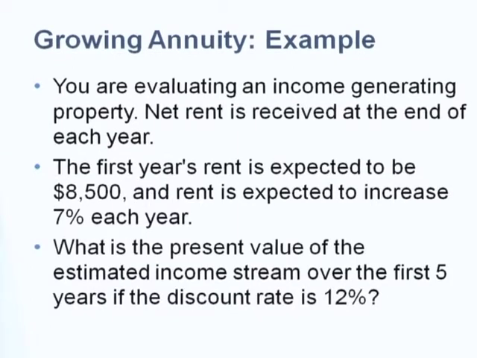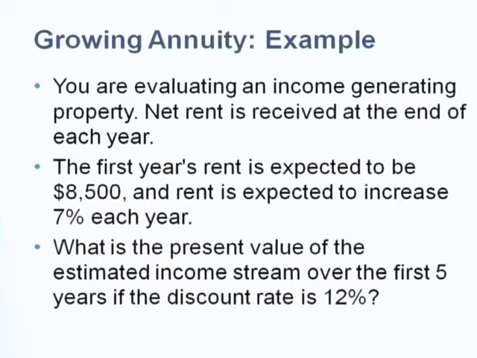What about this one? If you are evaluating an income generating property, net rent is received at the end of each year. The first year rent is expected to be $8,500 and the rent is expected to increase 7% each year. So C is 8,500, G is 7%.